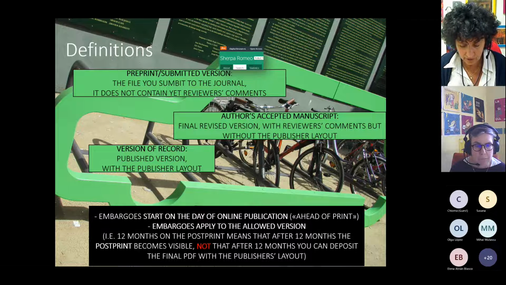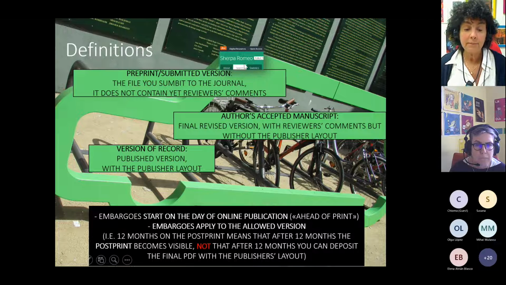If you recall our module on open access, normally there might be embargoes. Embargoes start on the day of online publication. They apply to the allowed version, and to know which is the allowed version, you go to the Sherpa Romeo database, which you see here.